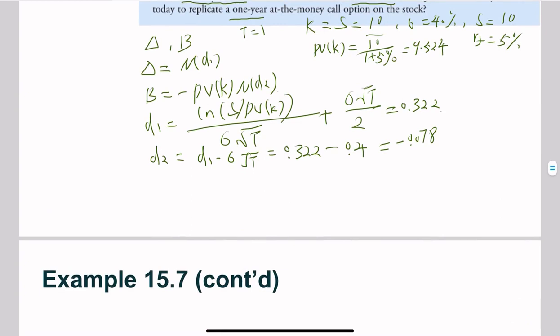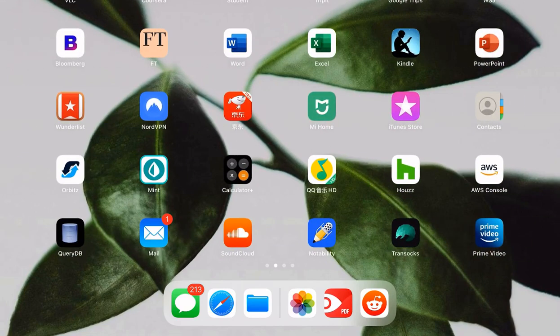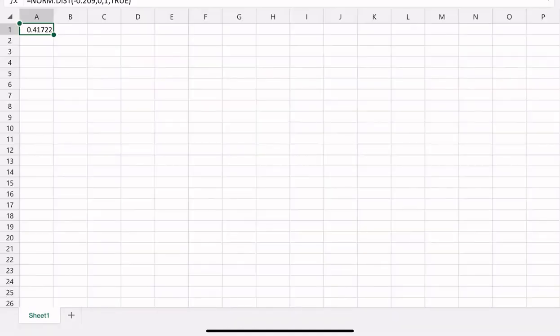And then we could use N(D1), right? One way to calculate this N(D1) is to use Excel. So let me show you how to use Excel to make this work. So the function you want to use would be NORM.DIST, right?